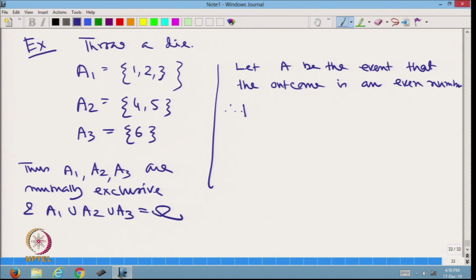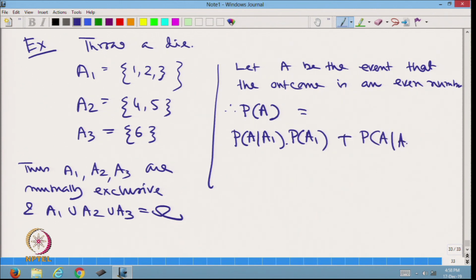Therefore, by the above theorem, probability of A is equal to probability of A given A1 into probability of A1 plus probability of A given A2 multiplied by probability of A2 plus probability of A given A3 multiplied by probability of A3.